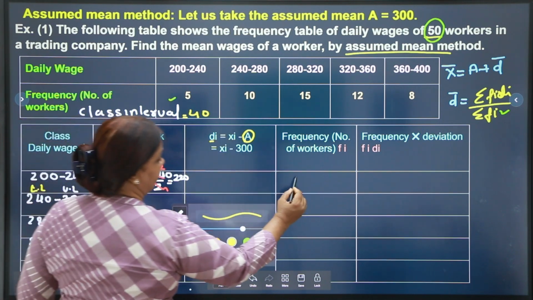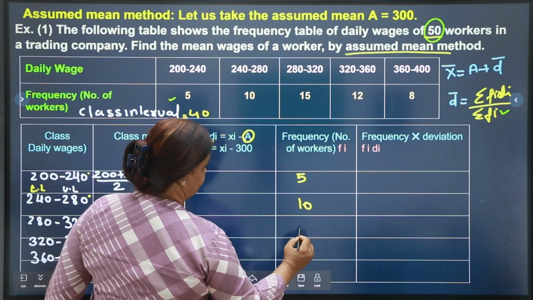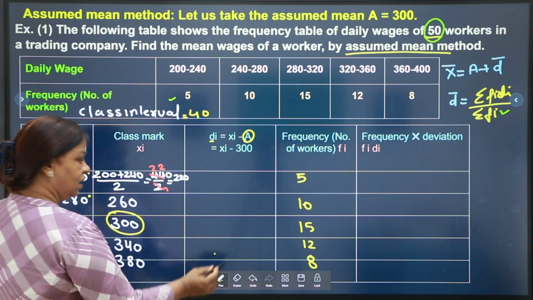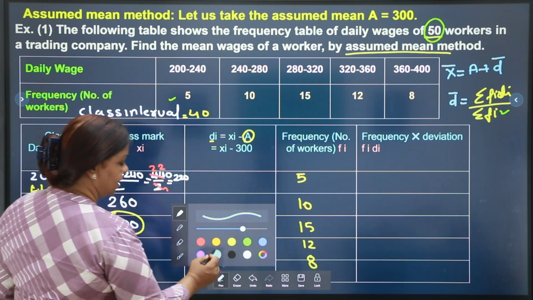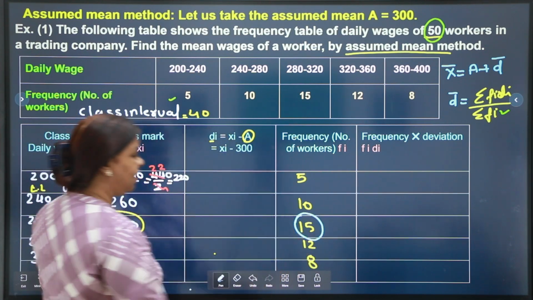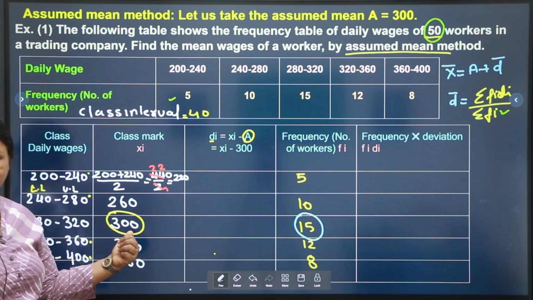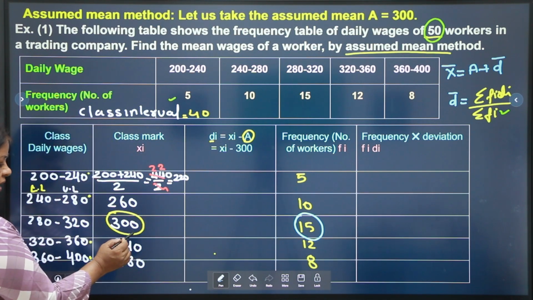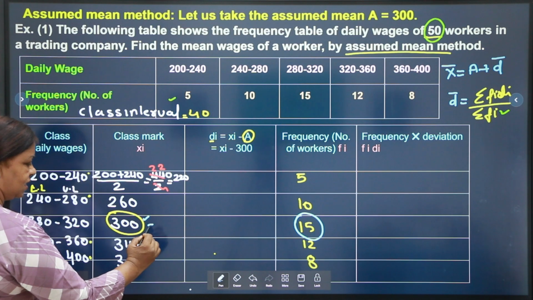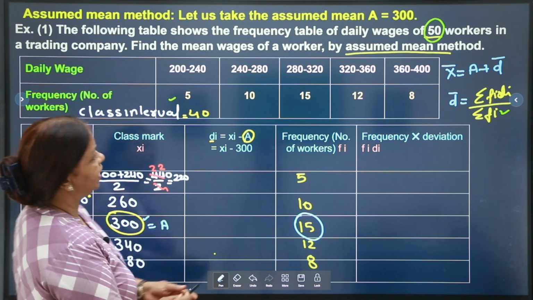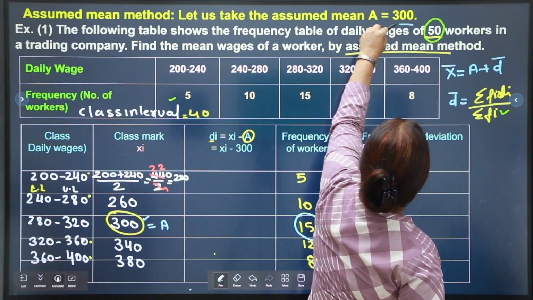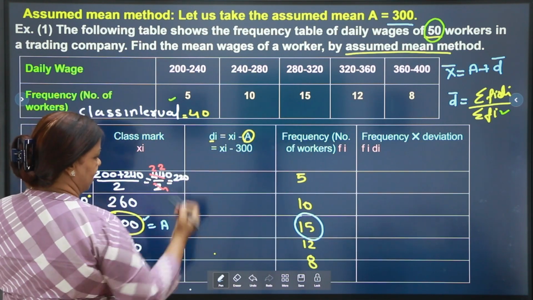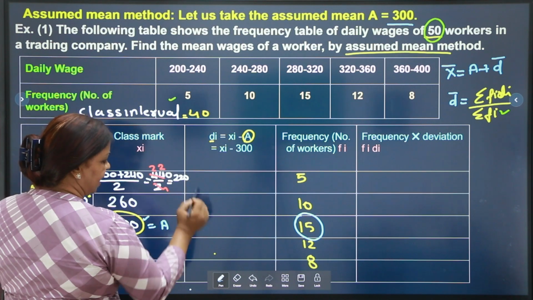The frequency is 5, 10, 15, 12 and 8. Now see, this is the highest frequency as well as the middle class mark. Highest frequency is 15 and this is the middle class mark. So A is 300. I have already written A is equal to 300. We got the assumed mean. Now we can find the deviation, xi minus A. Xi is 220.